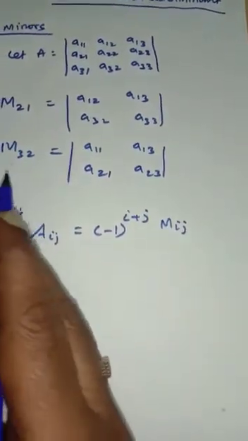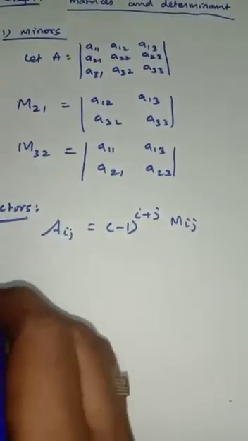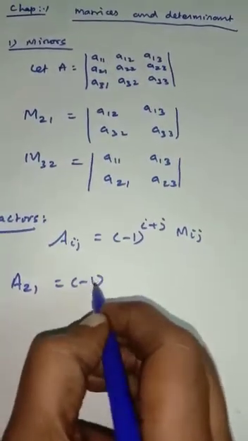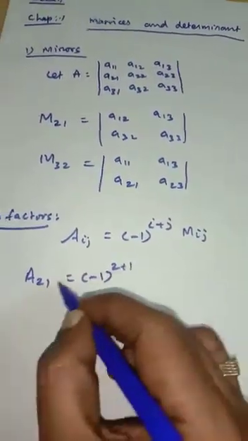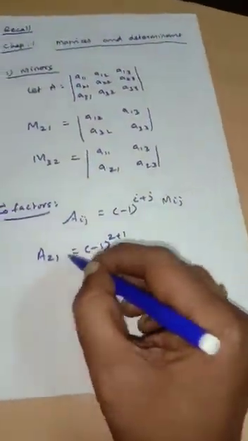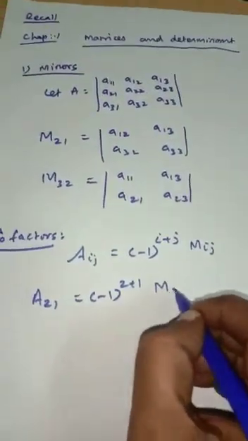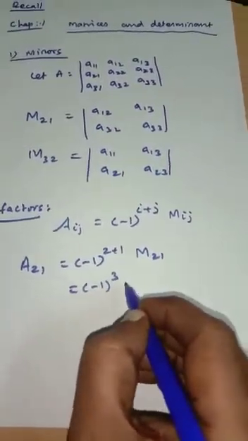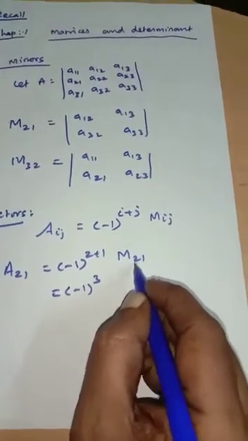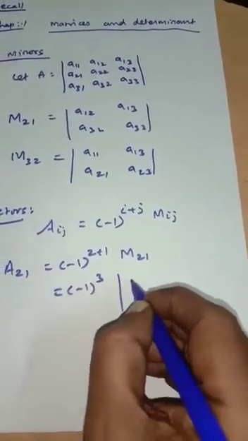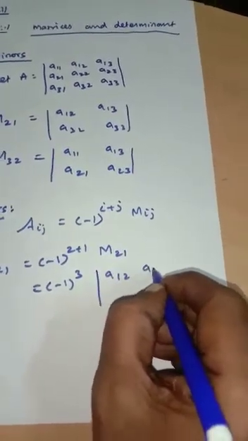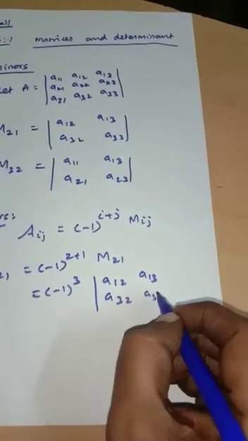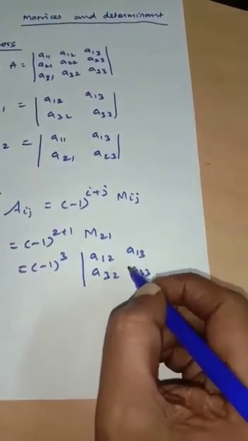For example, for that same determinant, A21 is equal to minus 1 power 2 plus 1, M21, that's equal to minus 1 power 3. The minor of A21 is A12, A13, A32, A33. This is the minor M21.